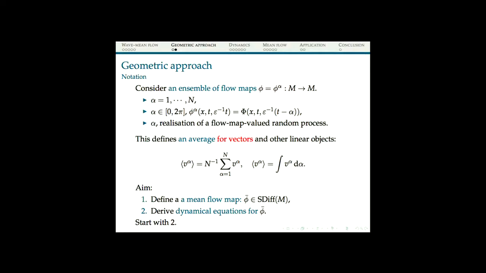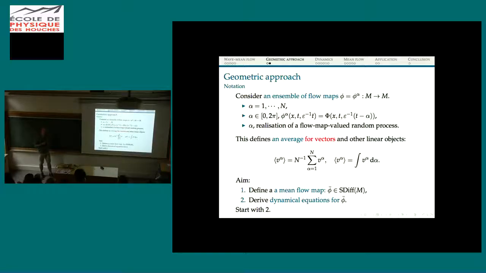Okay. So also what I'll do for my notation is that since I'm thinking about really having an ensemble of flows, this is the usual GLM setup, I'm going to make this explicit, saying that someone is giving me not a single flow map, but an ensemble of flow maps, and alpha here will label all objects which depend on this ensemble. Okay, so you can think of alpha taking a few integer values, so someone gives you 6 flows, and then wants a theory about the mean of those 6 flows.